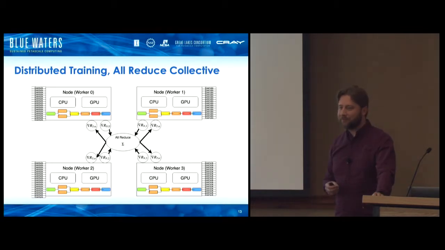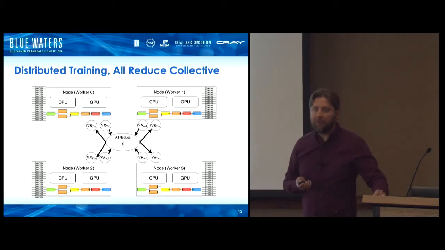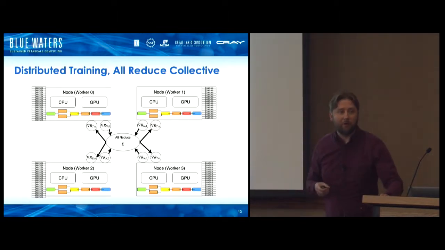So Horovod, Cray ML plugin, and PyTorch all have features to do all reduce collectives. TensorFlow out of the box has this worker parameter server type idea, which I'll explain in a second. That is not the way we want to do it in HPC.